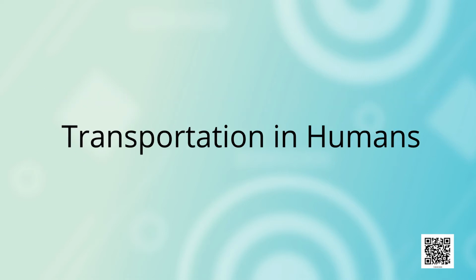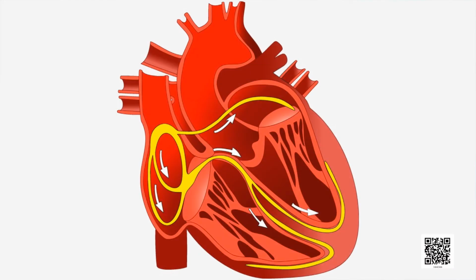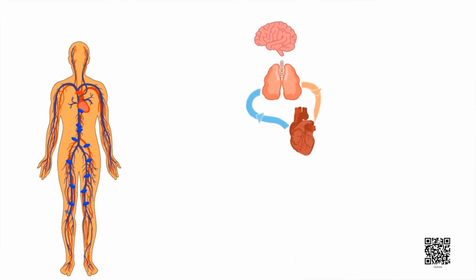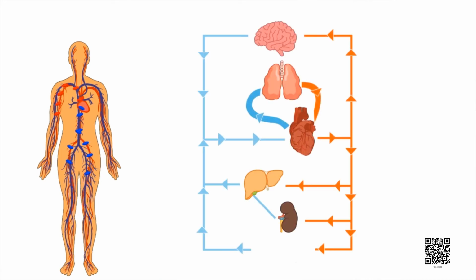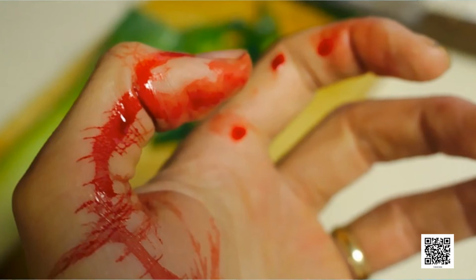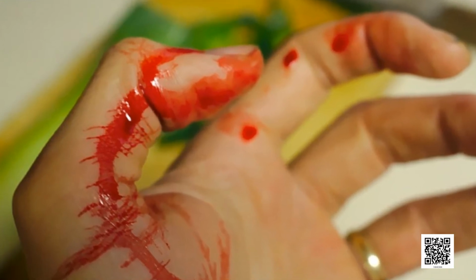Transportation in humans. Transportation system in human beings is composed of blood vessels, blood and heart, which help in transport of all substances to different parts of the body. Blood. What happens when you get a cut on your body? Blood flows out. But what is blood?